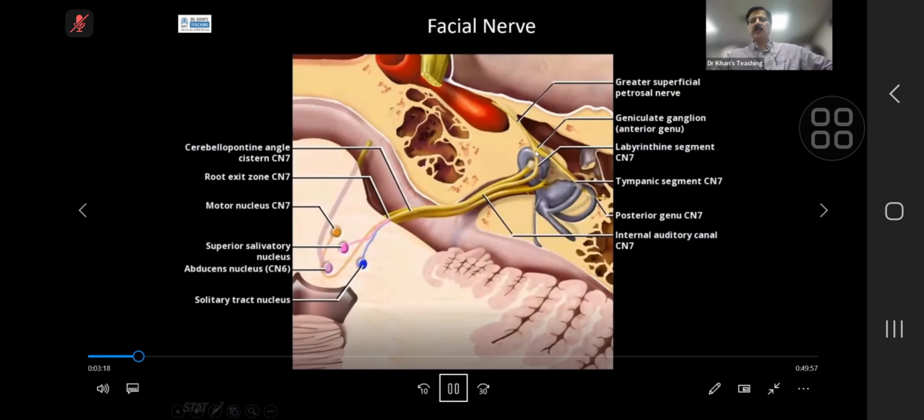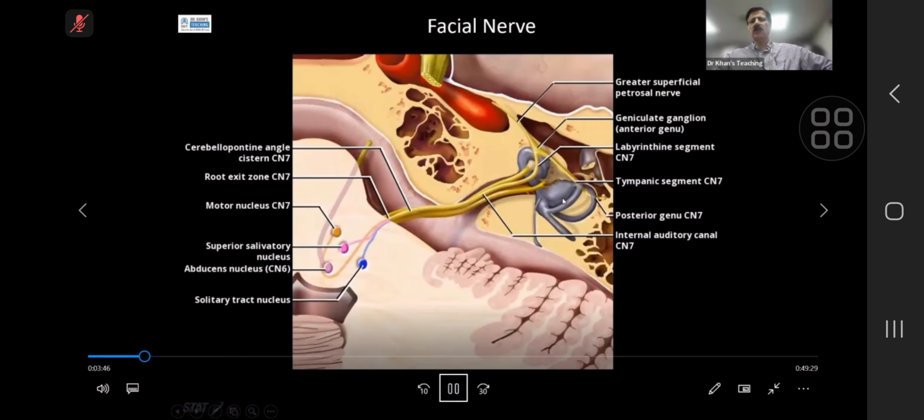Now here you can imagine that the seventh nerve, remember that it rises at a higher level than the eighth nerve. So it is superior to the cochlea. On the other hand, this is the cochlea, and the cochlear nerve comes out of the cochlea. This is the vestibule. Vestibule has various components, including saccule and utricle.